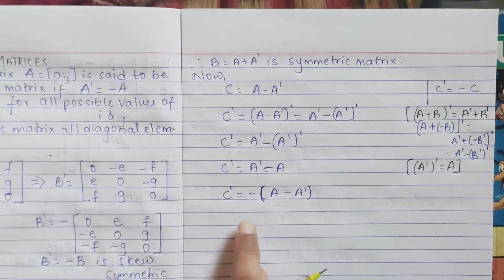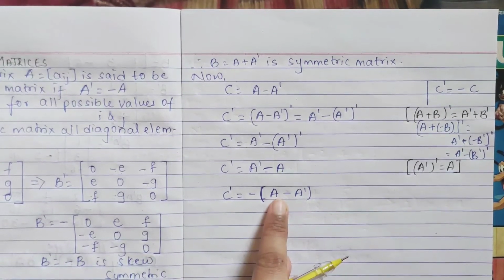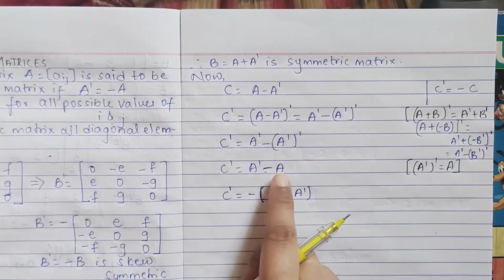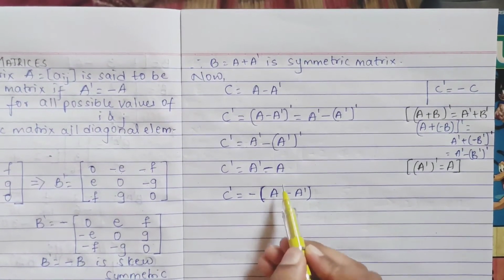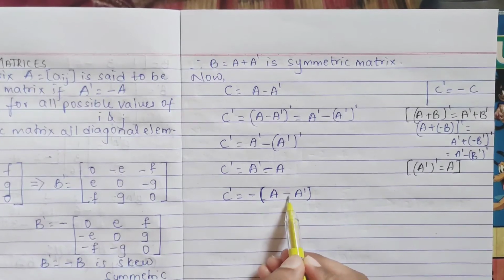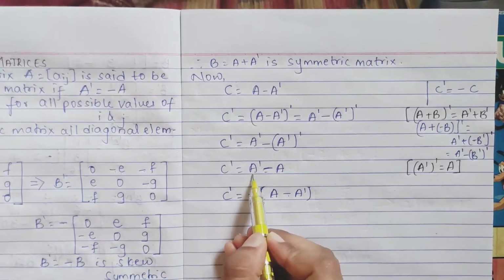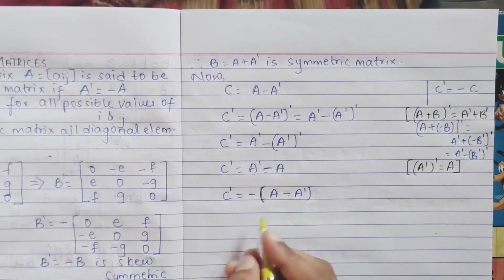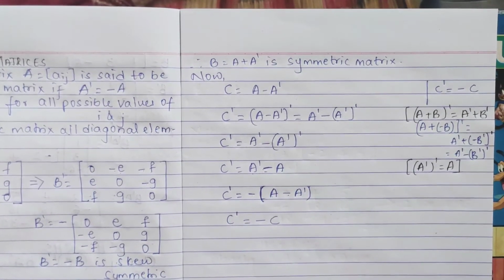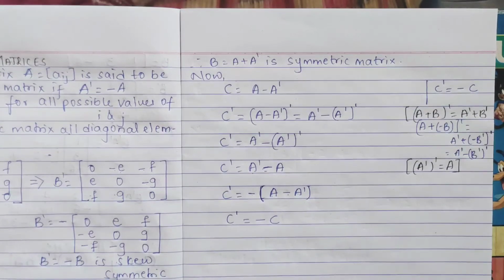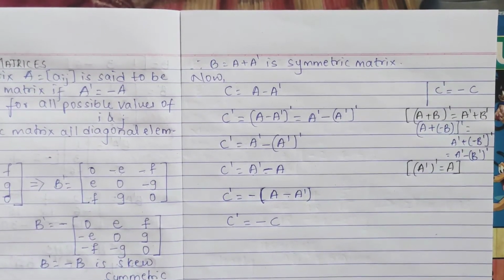When you are taking minus common, the signs automatically change. Why? Because when you multiply, you should get the same. Minus into A is minus A, and minus into minus becomes plus A transpose, right? So C transpose is equal to minus of C.